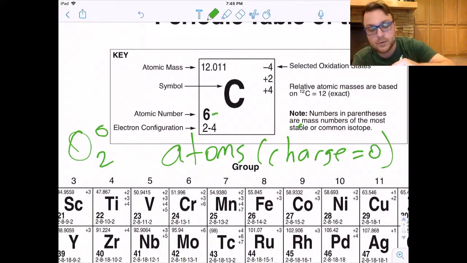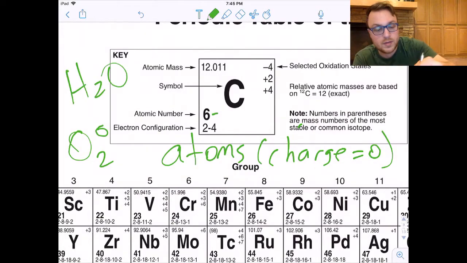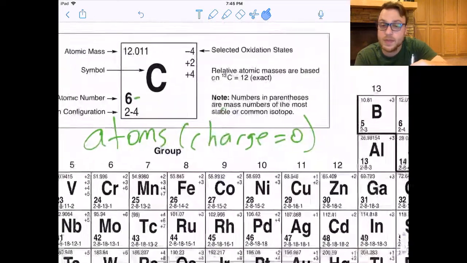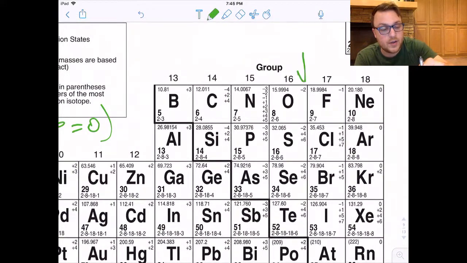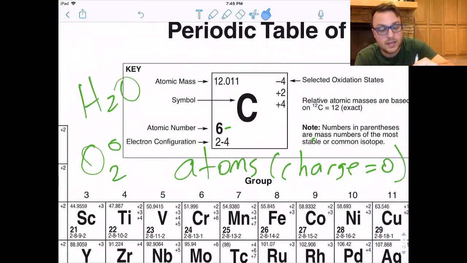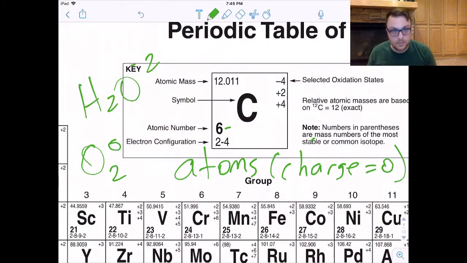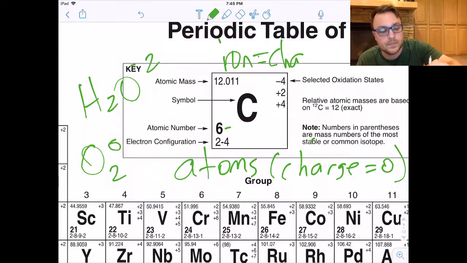But if you see H2O, and it's in a bond with something else that's not itself, we look at oxygen and we try to figure out what's oxygen's charge. Well, it's going to be -2. So just keep in mind the difference between an atom, which has no charge, and an ion, which has. All right, so it's always important to keep those two in mind.